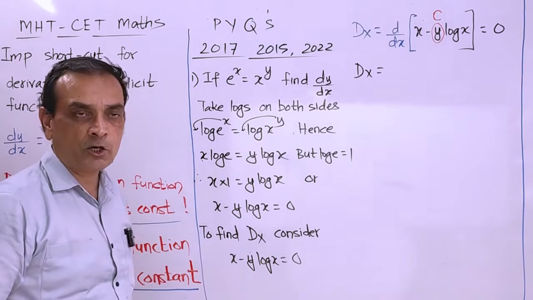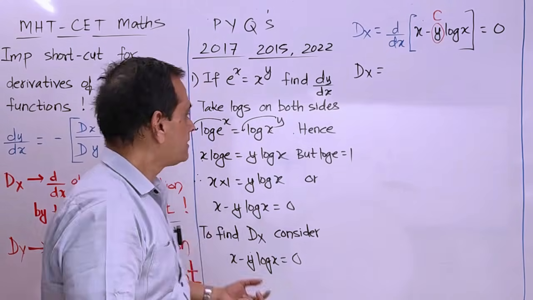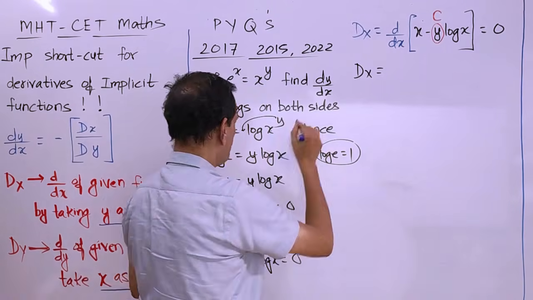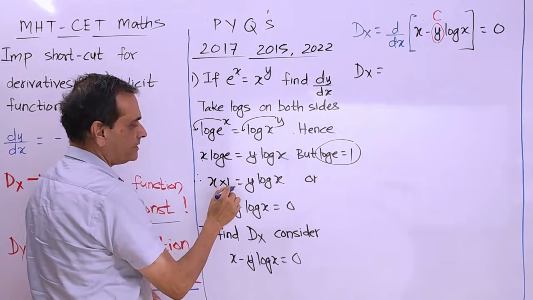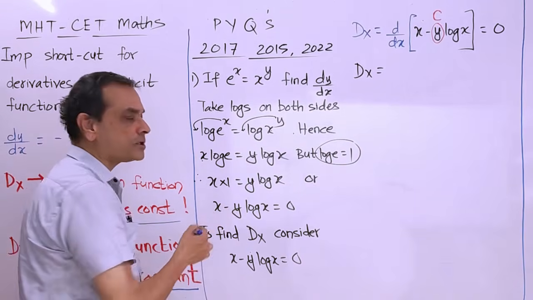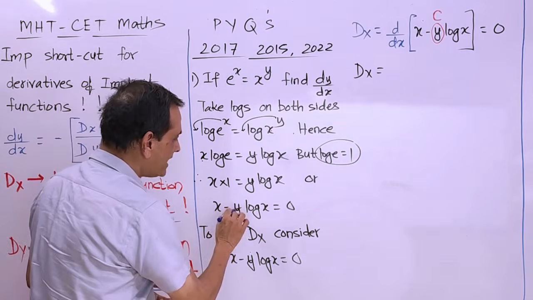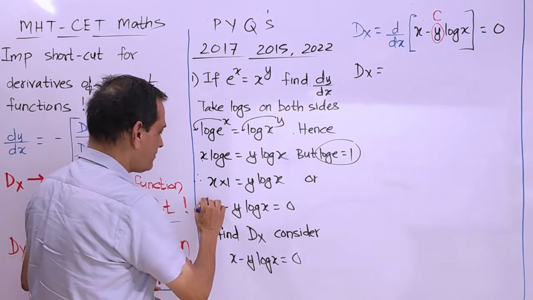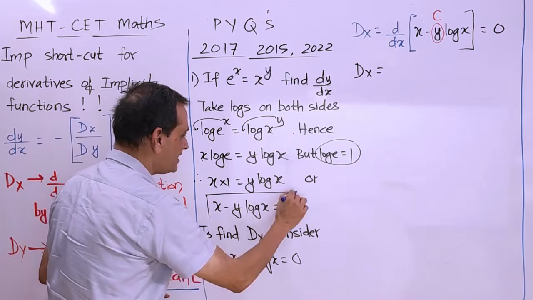Okay? But friends, remember log of e is 1. So x into 1 is equal to y log x. Or if you take y log x on the left hand side, x minus y log x equal to 0.